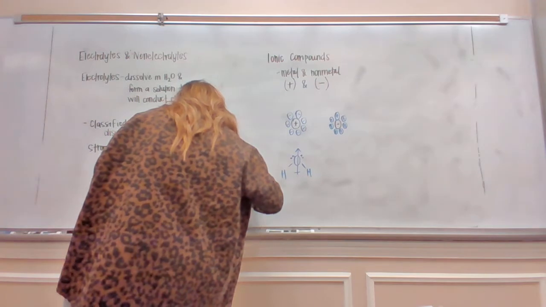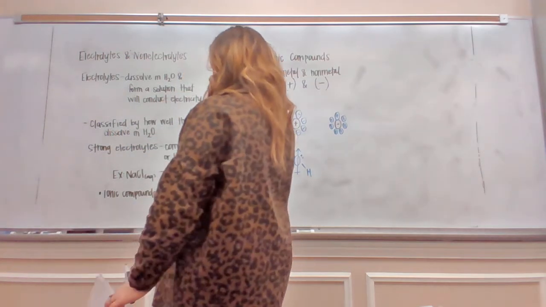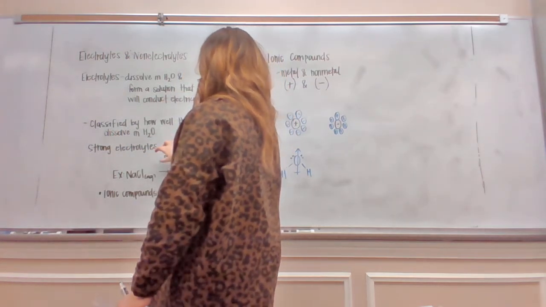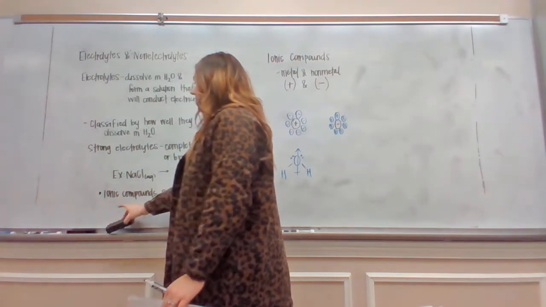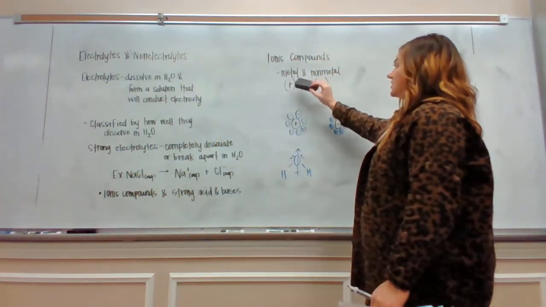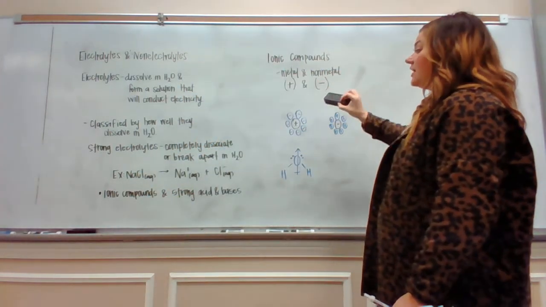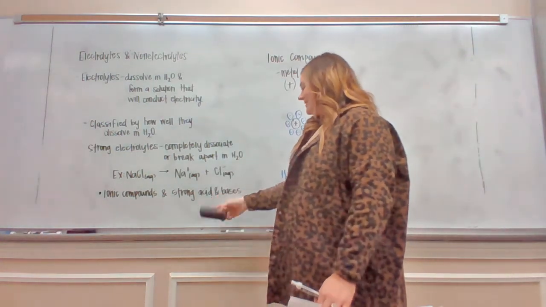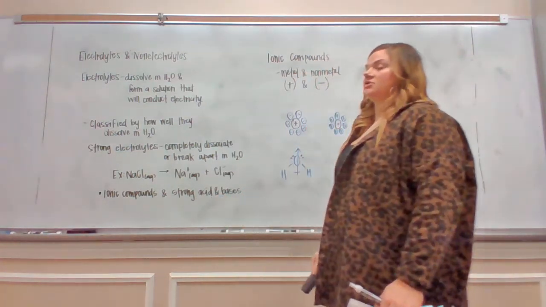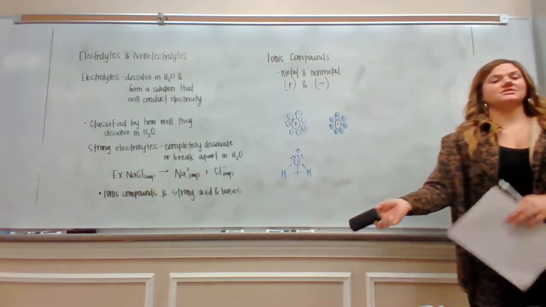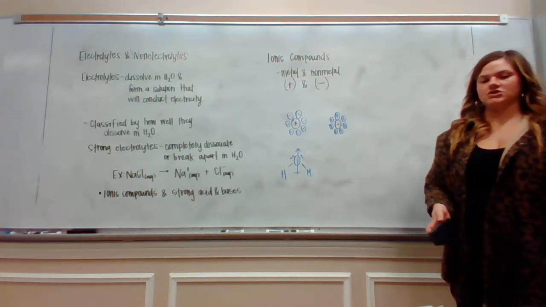So the compounds or molecules that will be strong electrolytes are going to be ionic compounds, so something with a metal and a non-metal, and strong acids and bases, which we talk about acids and bases in the second half of this chapter.